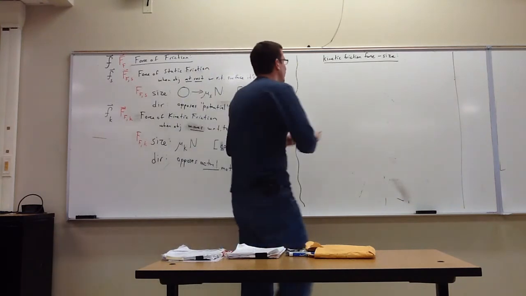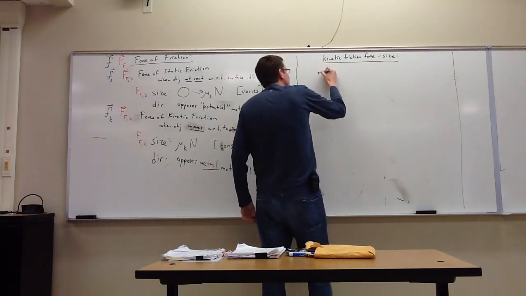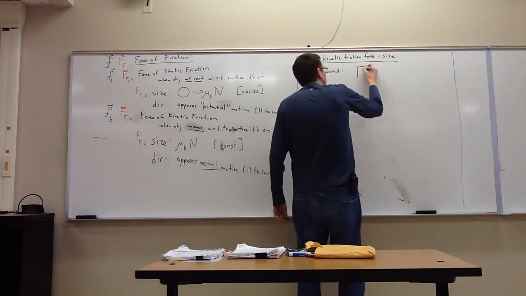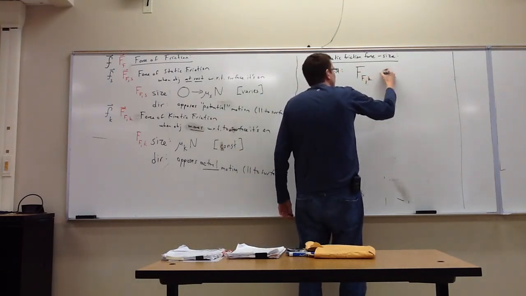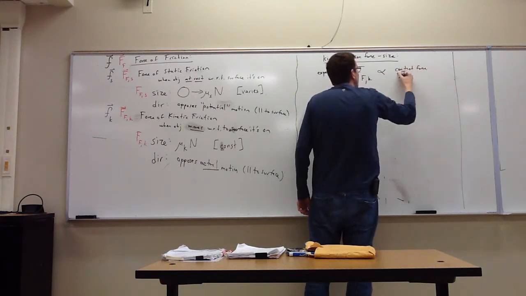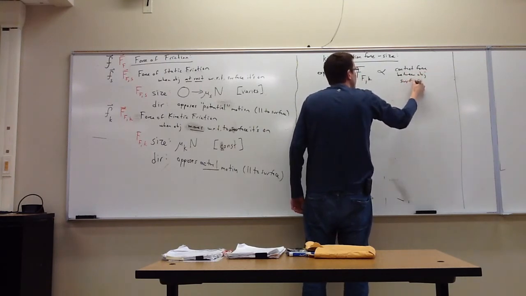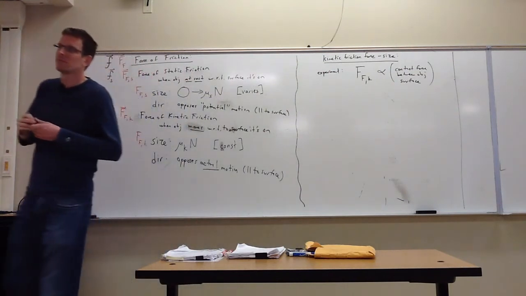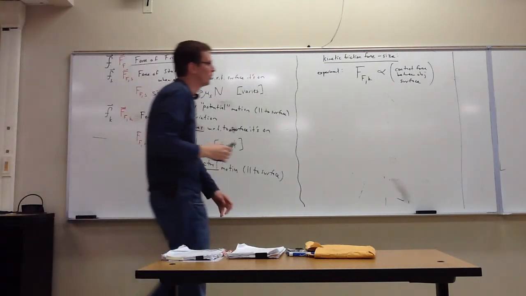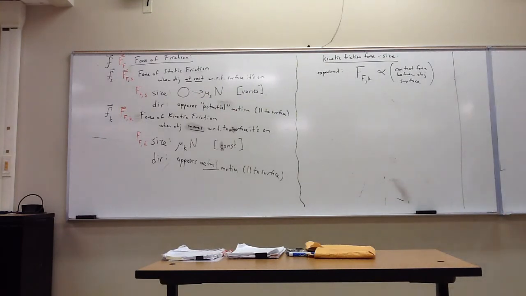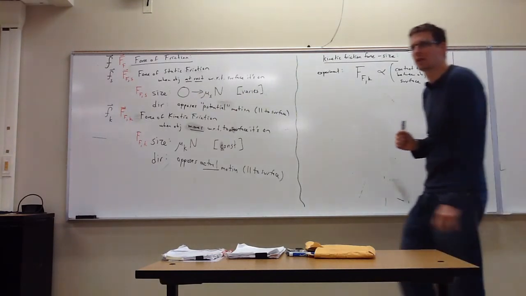So what we find experimentally is that the force of friction is directly proportional to the contact force between the object and surface. If we push two surfaces twice as hard together, we'll have twice as much friction.